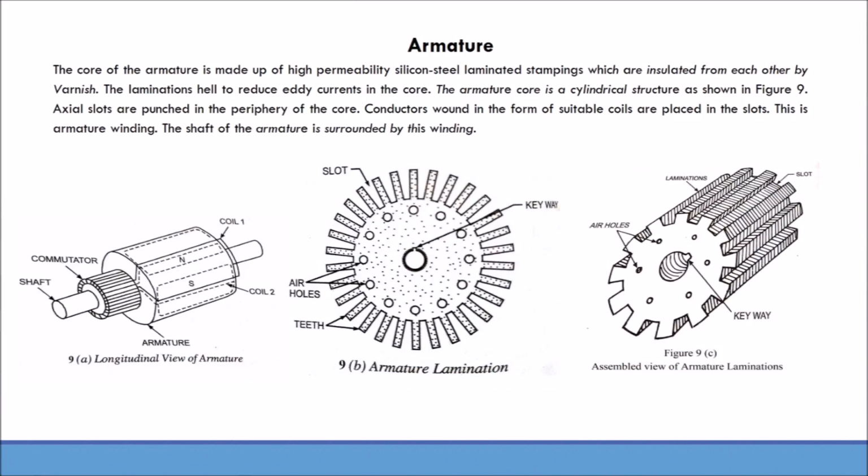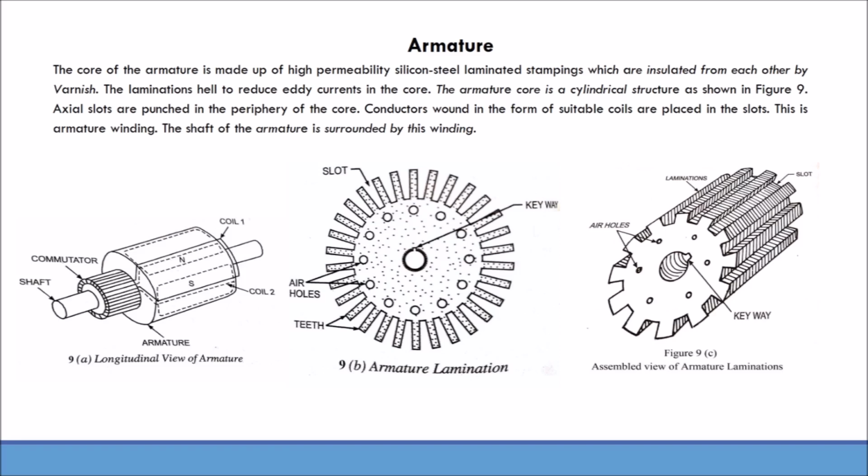Armature is a rotating assembly. The armature core is made up of high permeability silicon steel laminated stampings, which are insulated from each other by varnish. The laminations help to reduce eddy currents in the core.